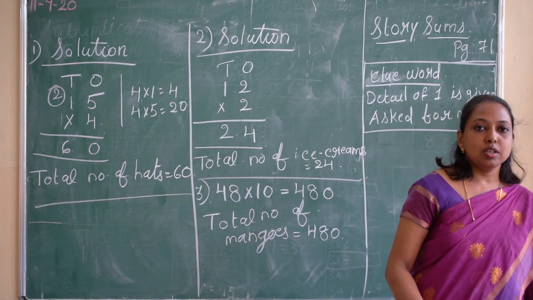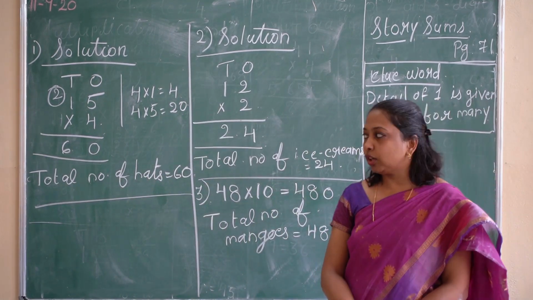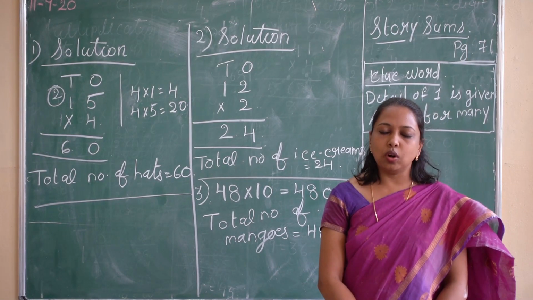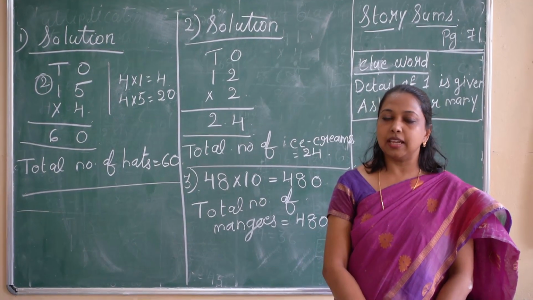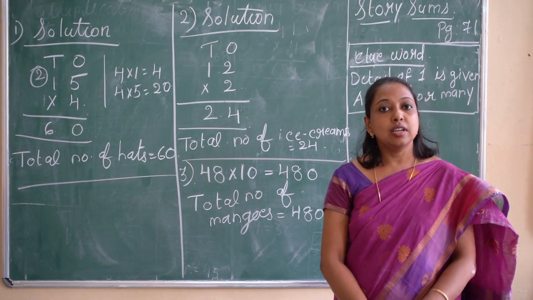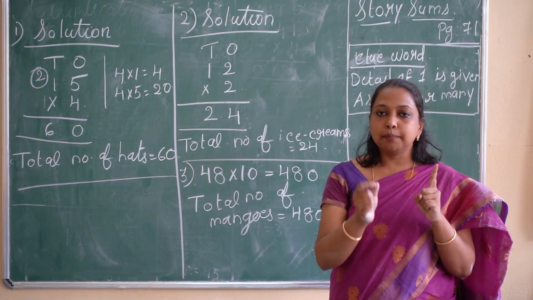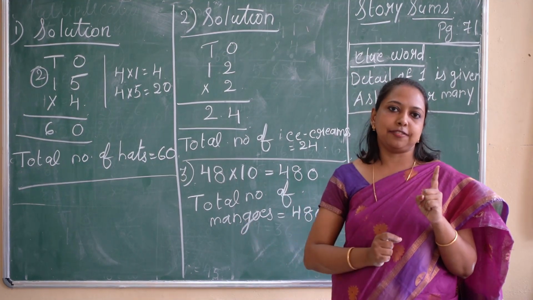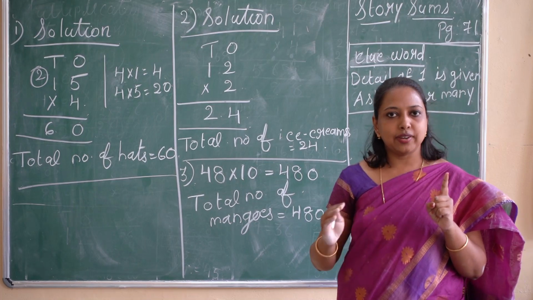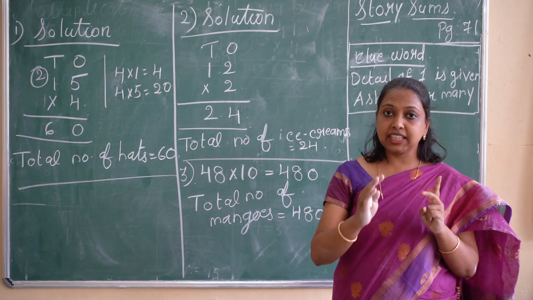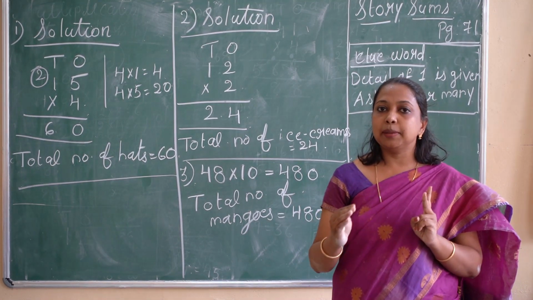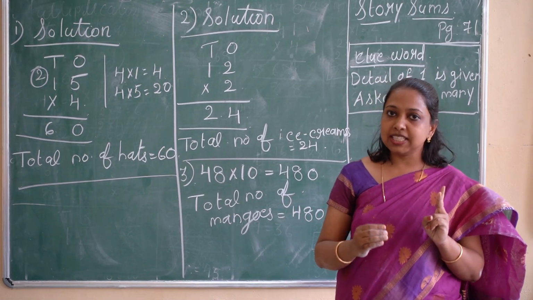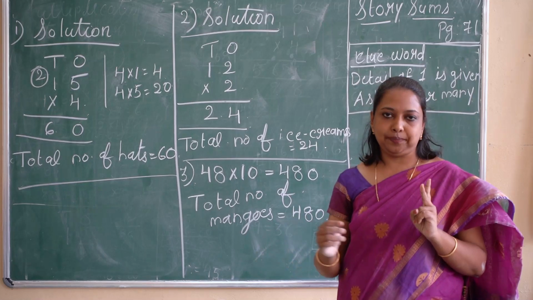Okay, children, the explanation part of the story sum is over. From the chapter, you always have to remember some facts about multiplication. First, any number multiplied by 1 is equal to the number itself. For example, 5 ones are 5. Second, any number multiplied by 0 is equal to 0. For example, 6 zeros are 0.